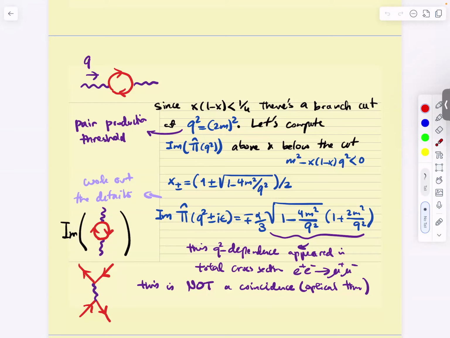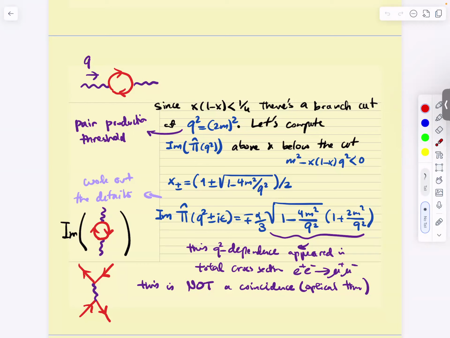So we calculate the imaginary part and we find this expression. The same exact expression appeared in the total cross section. Well, we didn't calculate the total cross section. We calculated the m squared, the amplitude squared, for the scattering of electron positron to muon and anti-muon, or electron positron scattering.